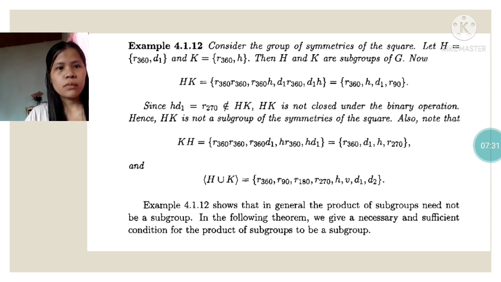And H union K is equal to R360, R90, R180, R270, H, V, D sub 1, D sub 2 element. Example 4.1.12 shows that in general, the product of subgroups need not be a subgroup. In the following theorem, we give a necessary and sufficient condition for the product of subgroups to be a subgroup.